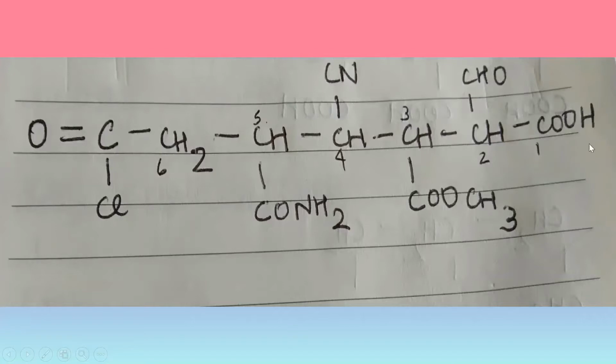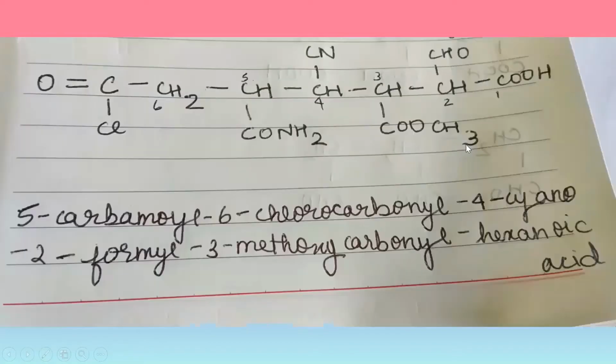Since carboxylic acid has the highest priority, we start numbering the locants from here, so it gets number 1, 2, 3, 4, 5, and 6. So we have 6 carbon atoms in our main parent chain. Let's start naming them. The name of this compound will be 5-carbamoyl-6-chlorocarbonyl-4-cyano-2-formyl-3-methoxycarbonyl hexanoic acid.